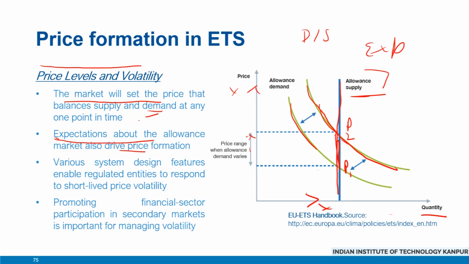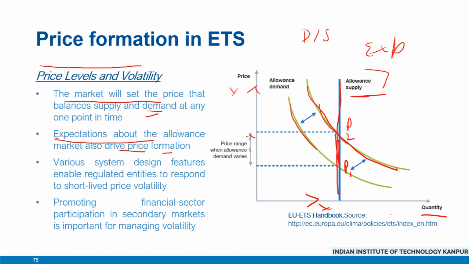Therefore, expectations can mean that even if in the short run the total demand for emission allowances associated with current production levels falls below the given supply levels, and therefore supply exceeds demand, that is, the number of allowances available in the marketplace, emission unit prices will still be non-zero if there is demand for banking. So if banking is available, the price will not go to zero even if supply is in excess.